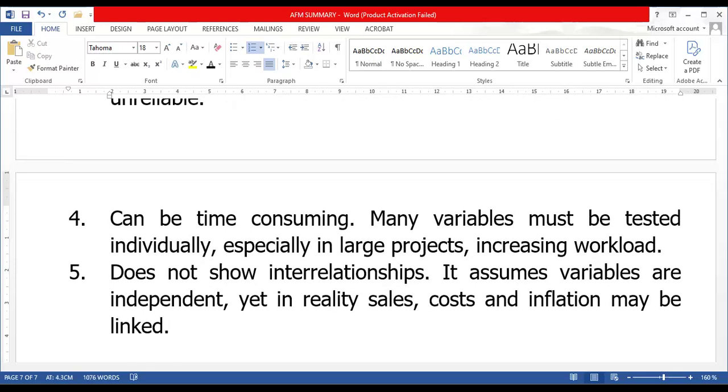But this analysis looks at each separately. Okay, I hope you're picking these points very well.